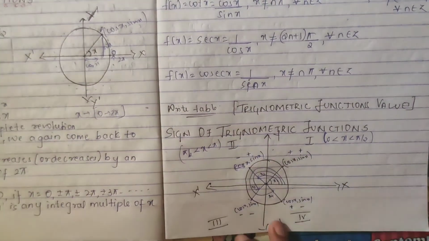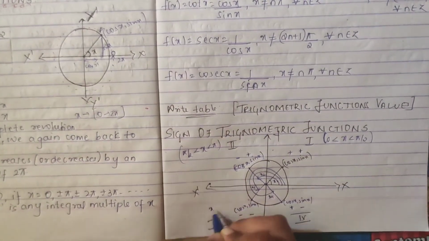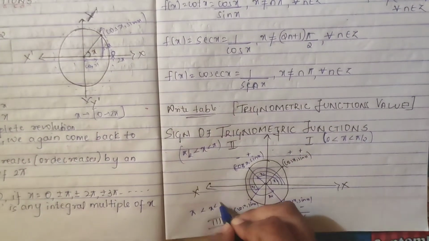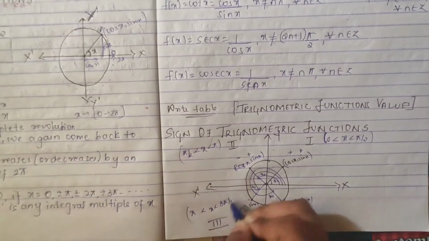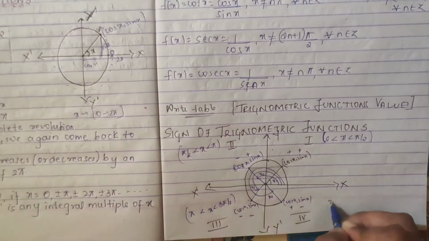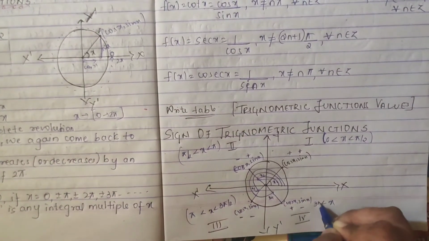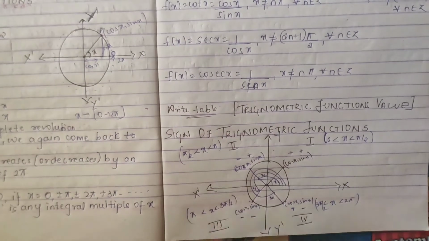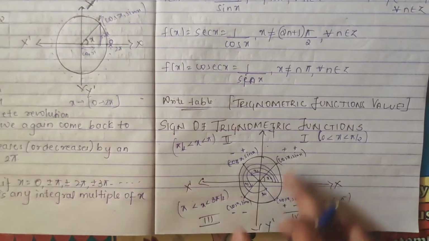And in your third quadrant it is greater than pi but less than 3 pi by 2. And in your fourth quadrant it is greater than 3 pi by 2 and less than 2 pi. Yes, these are your x values in radian form.